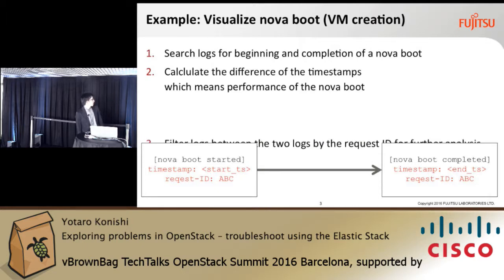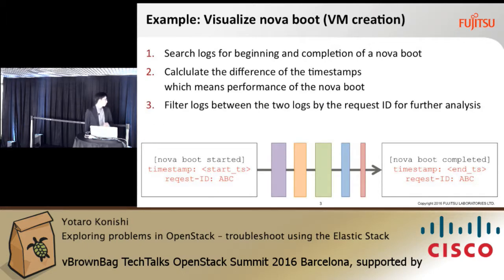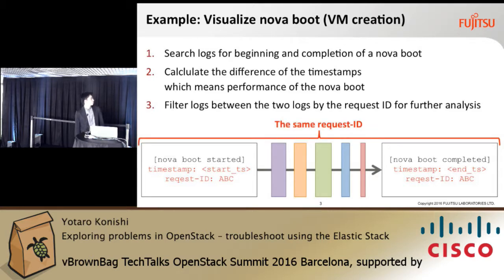And there are a lot of processes during a Nova boot. So if you want to know the performance of these processes related to the Nova boot, you can filter logs by request ID to reveal the inside of the Nova boot.